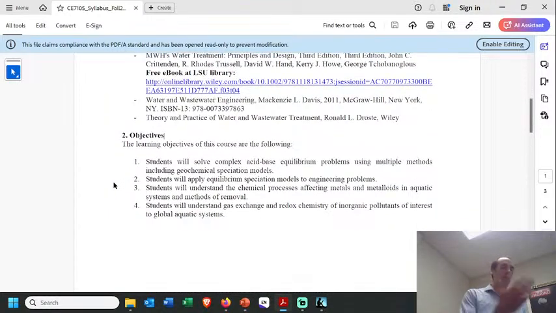Okay, so the objectives, these are what I put on the slide already. We have specific things we need to accomplish with the class, one of which is to deal with these equilibrium problems with computational methods. So one thing that I'm going to have you do is give me some feedback on how comfortable you are, how exposed you are to things like MATLAB, Excel, stuff like that, to guide how much time we'll spend developing that.